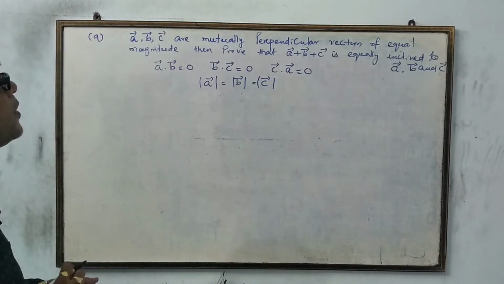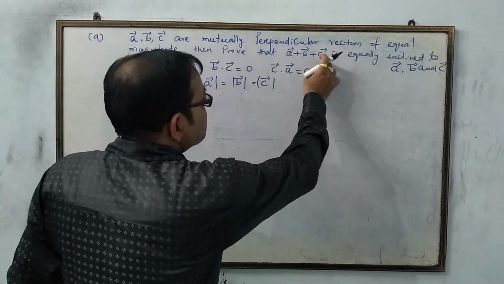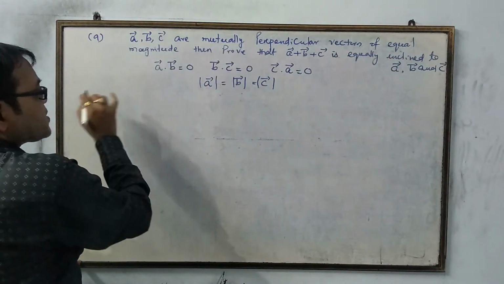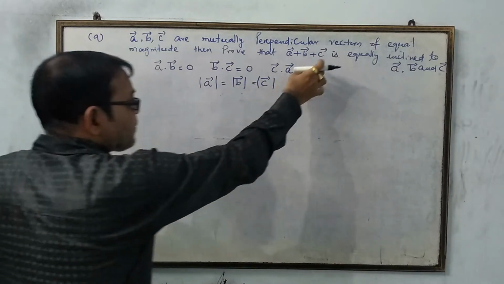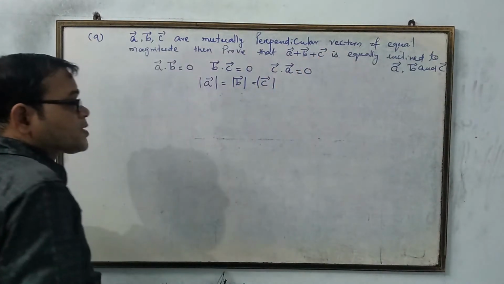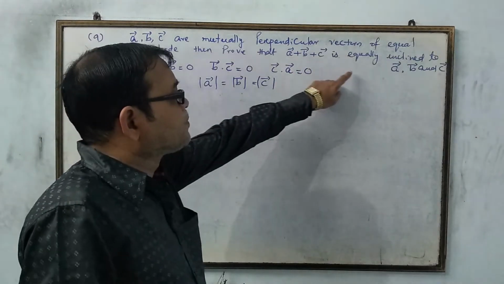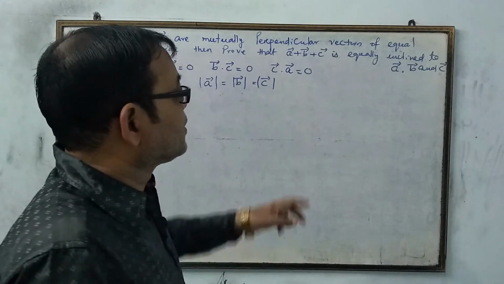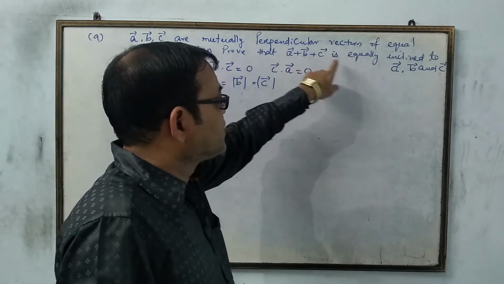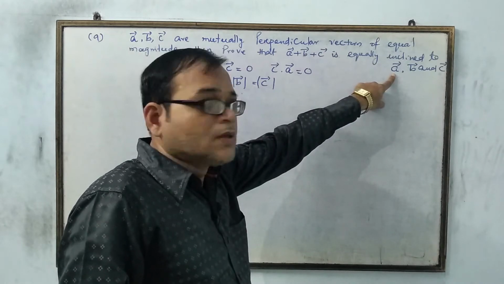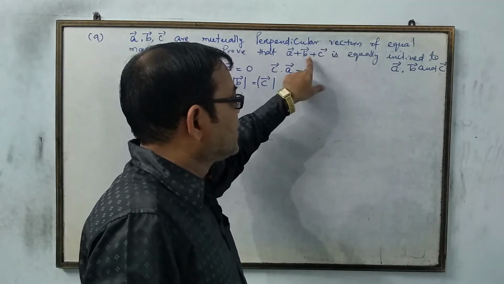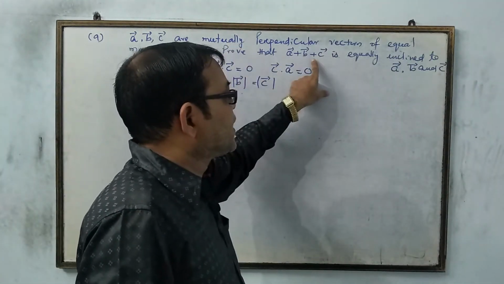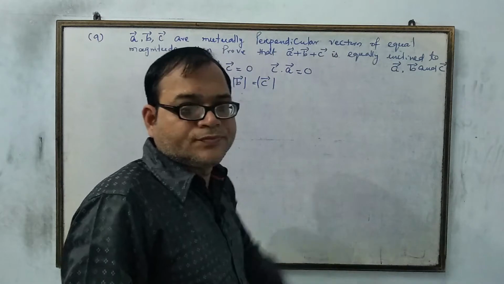Then my question is to prove that A plus B plus C is equally inclined to vector A, vector B and vector C. That means the angle between A plus B plus C and A is the same as the angle between A plus B plus C and vector B, which is the same as the angle between A plus B plus C and vector C.